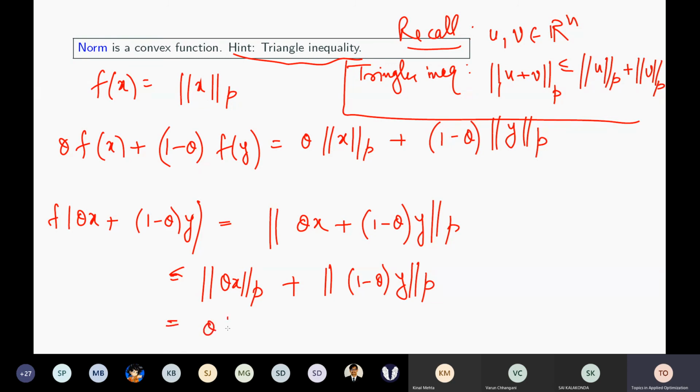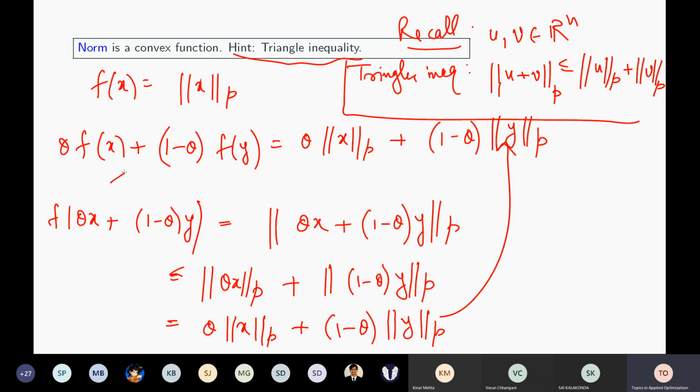So this is theta of norm of x p plus 1 minus theta of norm of y p, which is what we wanted here. So this guy is greater than or equal to this guy, right? That's what we have written. So we have proved that the norm is convex.